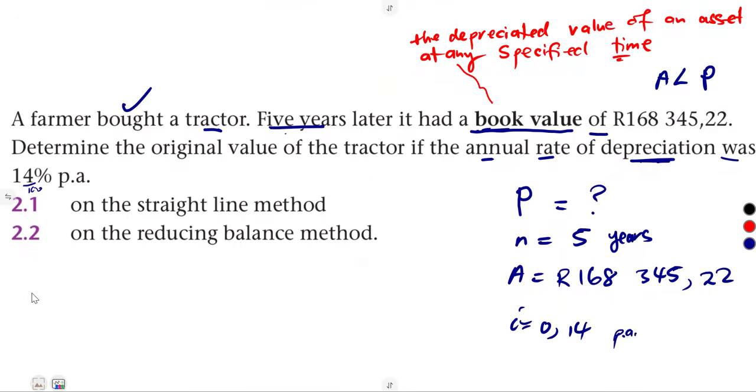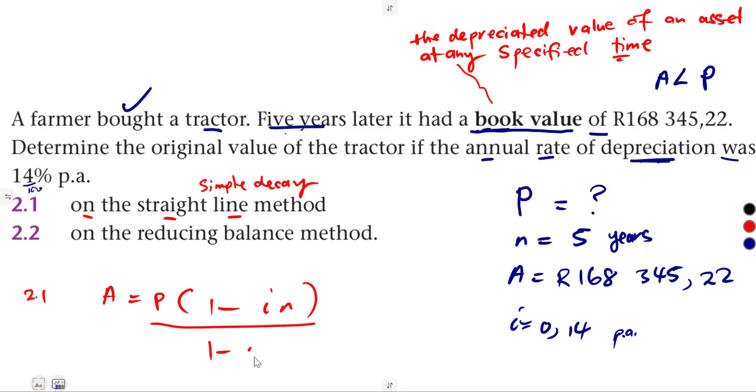And the question was on 2.1, the straight line method. Remember, straight line method, that's our simple decay. And we said for a simple decay, A is equal to P into (1 minus in). So what we need is P. And if it is like this, we can simply divide by the bracket (1 minus in) on both sides.